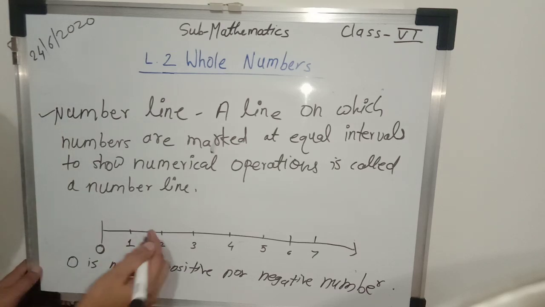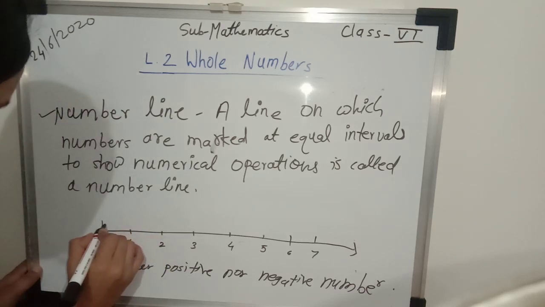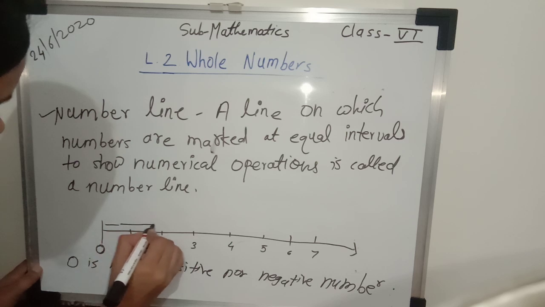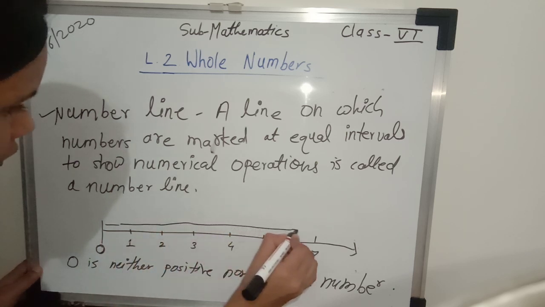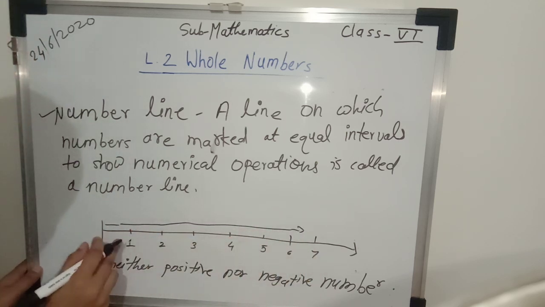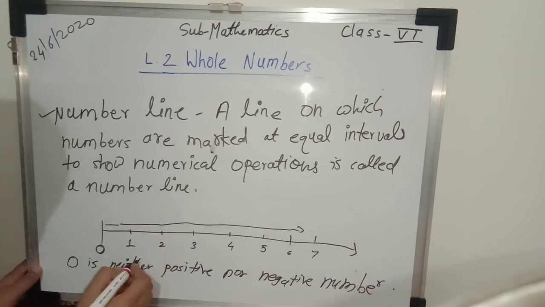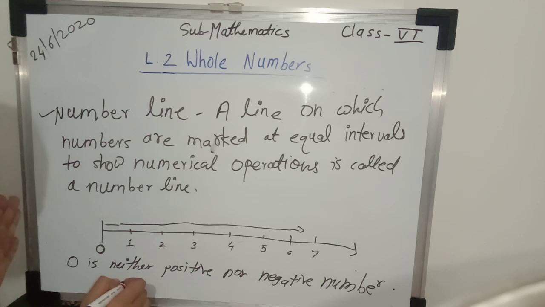If you move from 0 to the right side, each number's value increases. Or we can say those numbers on the left side have smaller value.